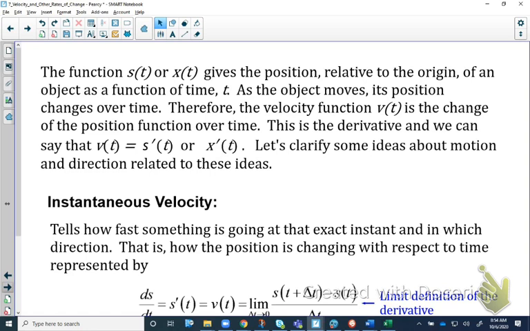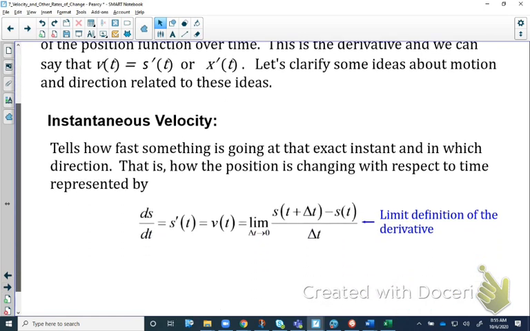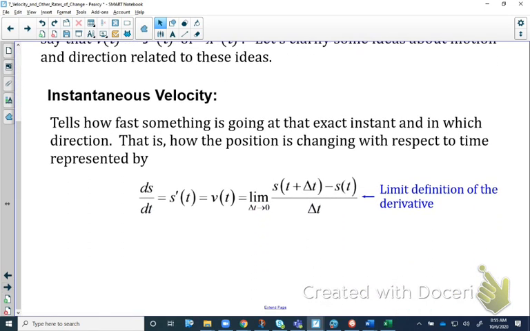As an object moves, its position changes over time, therefore the velocity can change over time. And the velocity is the derivative of the position function. So here we're going to be looking at instantaneous velocity and how it's related to the position function.